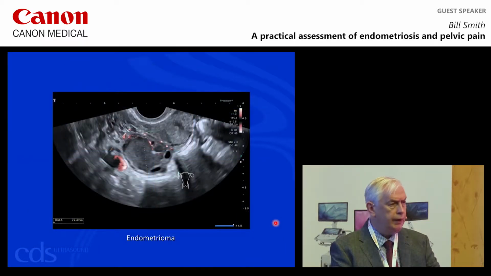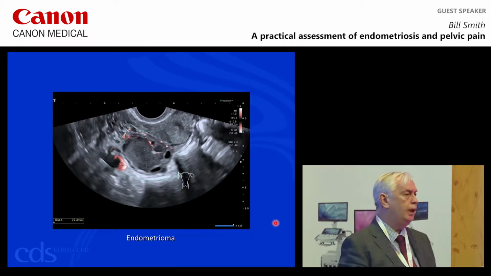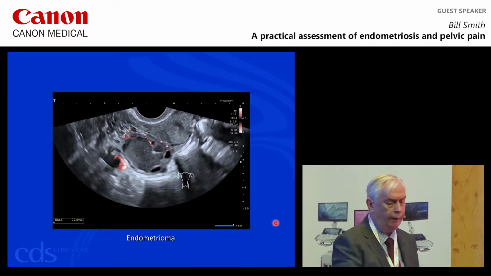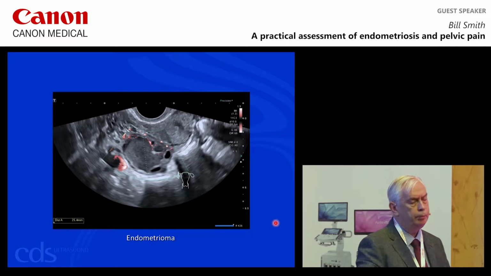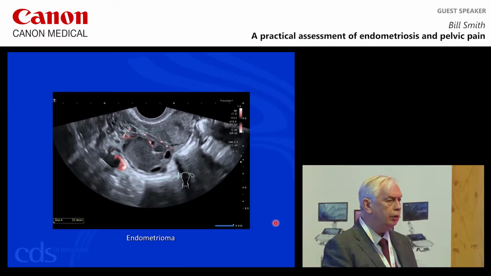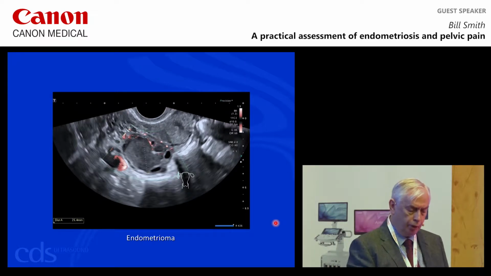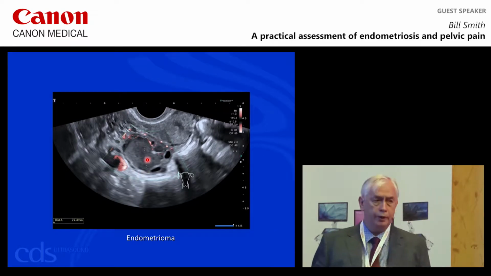But as I said, we need to find ways of making sure that we are dealing with endometriotic cysts. And the thing with gynecological disease, particularly involving the ovary, is that one pathology can mimic another, which can mimic another. So if we look at the typical appearances of an endometrioma in ultrasound terms, they do tend to be relatively avascular.